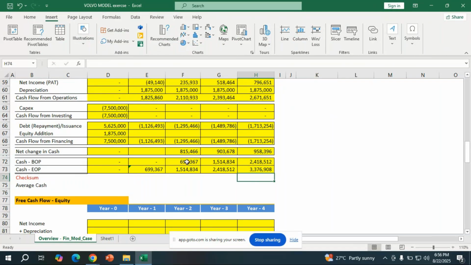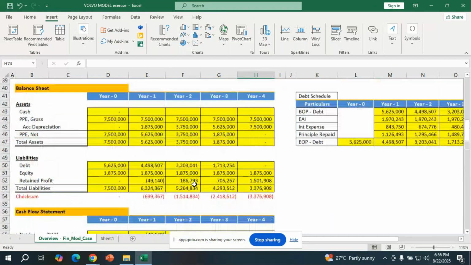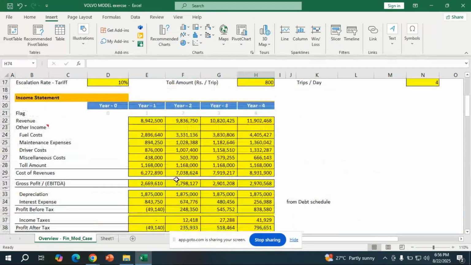Now you're going to come back to your income statement above, and remember we had left this other income space here. We had to put it up here. Now, other income is nothing but the interest income which we have on the surplus cash.